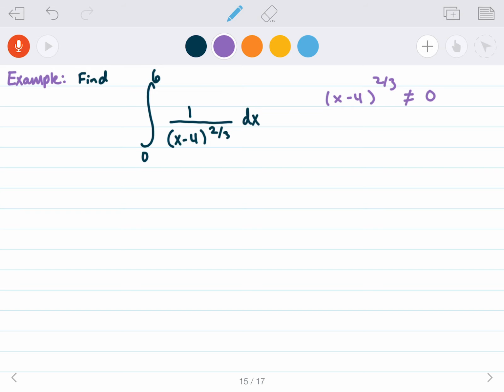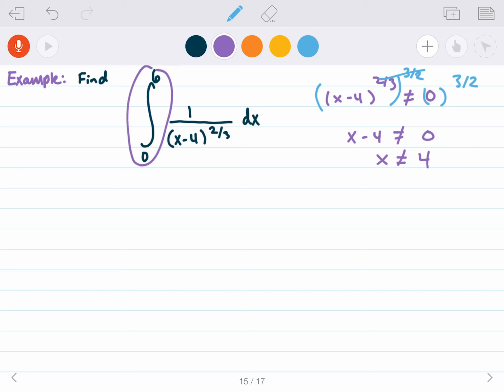Let's go ahead and solve for x. If I raise both sides to the 3/2, well, that goes to 1, cancels out basically. x minus 4 cannot equal 0 to the 3/2, it's just 0. So here we add 4 to both sides, and x cannot equal 4. That's our problem area.